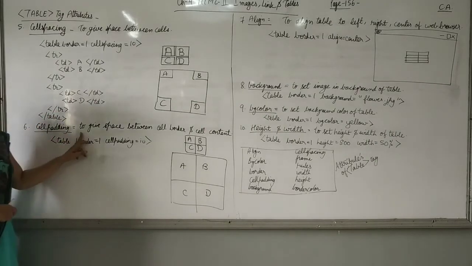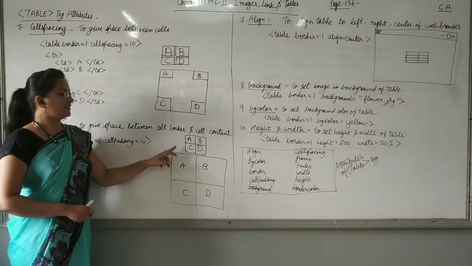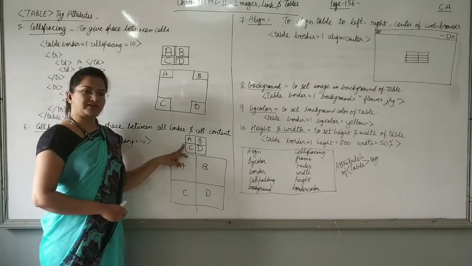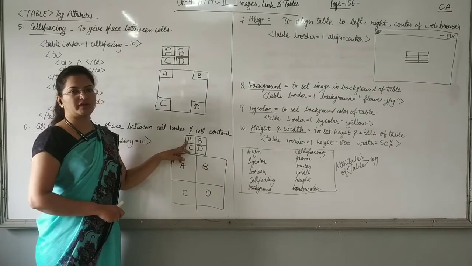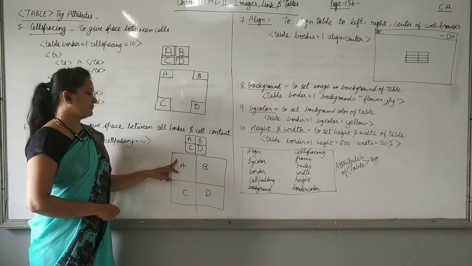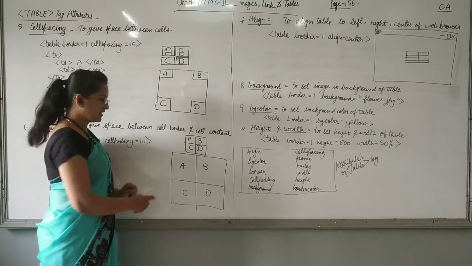Next is cell padding. Cell padding will give the space between the cell border and the cell content. By default we know there is some space in the table. If we have to increase the space between the cell content and the cell border, you can see this is the cell content and this is the cell border.